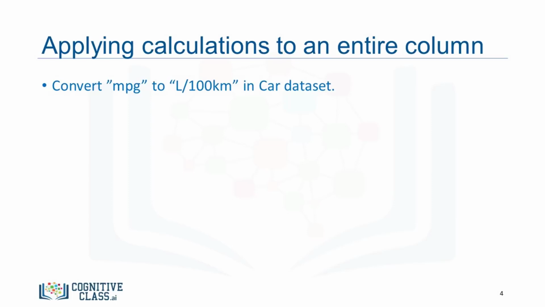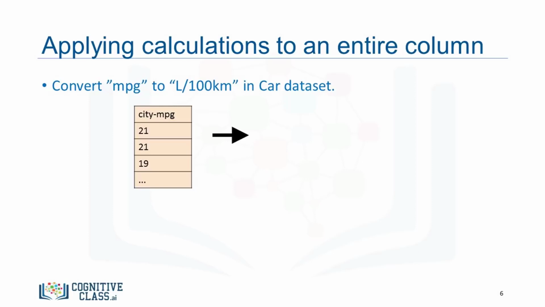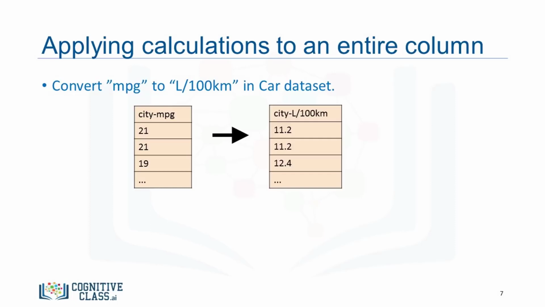Referring to our used car dataset, there's a feature named City Miles Per Gallon, which refers to a car's fuel consumption in miles per gallon unit. However, you may be someone who lives in a country that uses metric units, so you would want to convert those values to liters per 100 kilometers, the metric version.